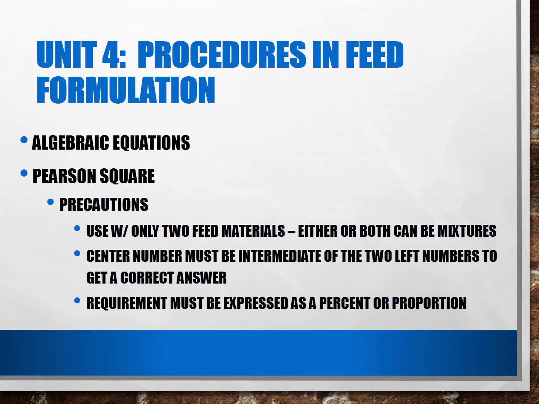Some precautions though whenever we consider the Pearson square method. We can only use 2 feed materials or 2 feed ingredients at a time. They may be simple ingredients like corn or alfalfa hay or oats, or it could be a mixture. Back whenever the Pearson square method was the primary method of balancing rations, you would just have to continue to make mixtures.